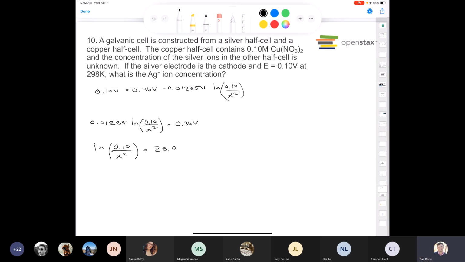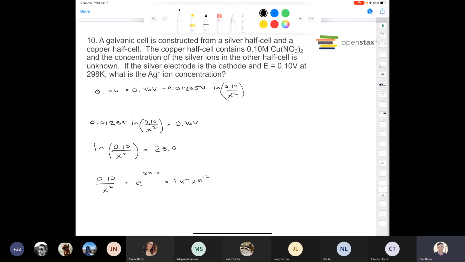Then I get that 0.10 over x squared is equal to e to the power of 28.0. And e to the power of 28.0, I got 1.47 times 10 to the power of 12.